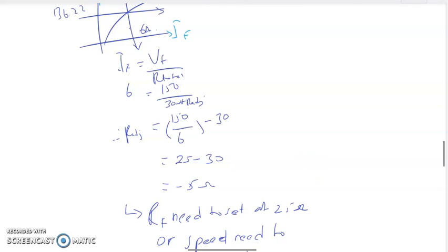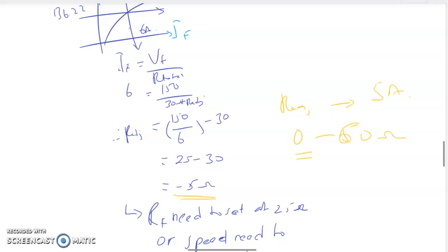Even though we set at 0 ohm of adjustable resistance, we are still not able to get 6 ampere, because previously we calculated that at 0 ohm, IF only reaches 5 ampere.